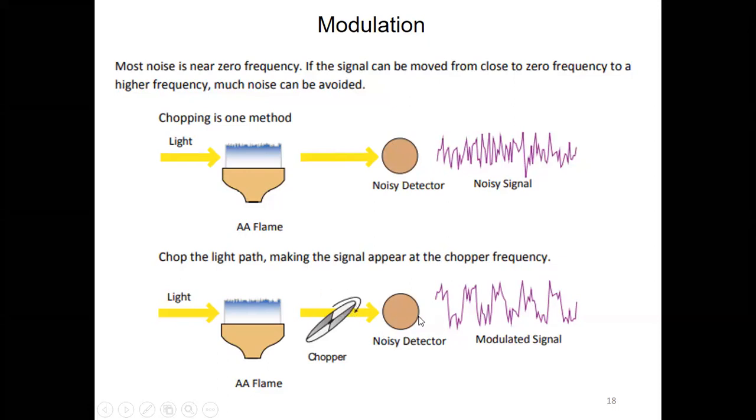And then when the light goes to the detector, we will see the modulated signal. Now you can see that by modulating the signal, we can get a better signal compared to the noisy signal. So this chopping is one method of modulation.